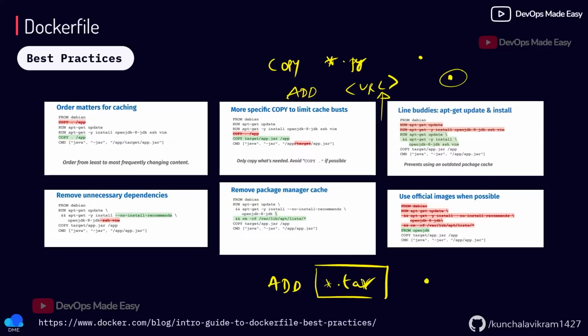If it has any security related concerns, or some virus or malware related files, do not just copy. You will never know whether it is a malware file or not, but at least if you know what that file is, you can easily understand it. But in the form of a URL or tar file, you will never know what exactly you're copying into the image. And this URL might be coming from some untrusted sources as well, right?